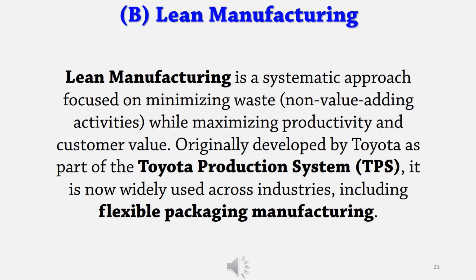Lean manufacturing is a very important tool to improve operational efficiency. Lean manufacturing is a systematic approach focused on minimizing waste, that is non-value adding activities, while maximizing productivity and customer value. Originally developed by Toyota as part of the Toyota Production System, it is now widely used across industries including flexible packaging manufacturing.